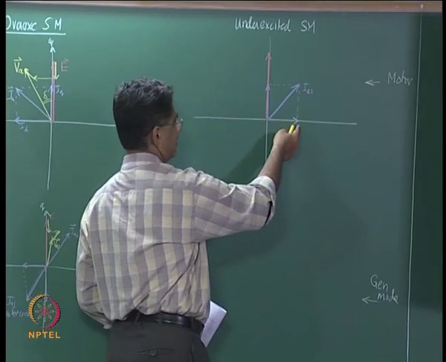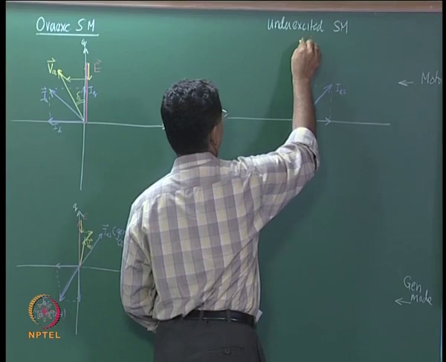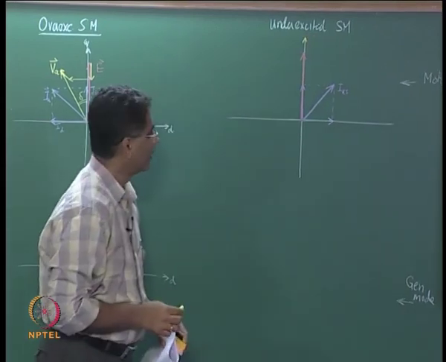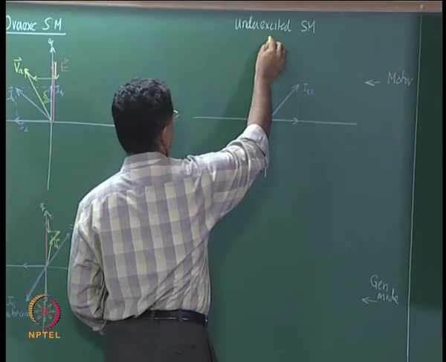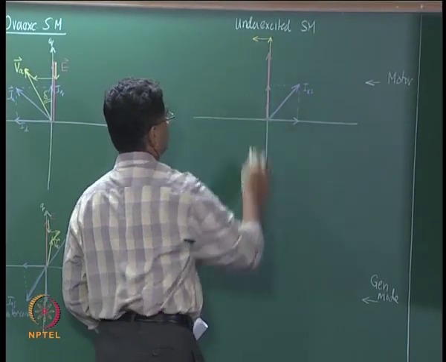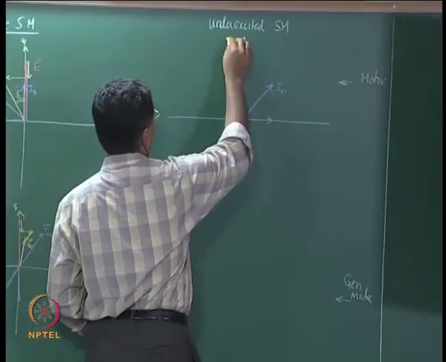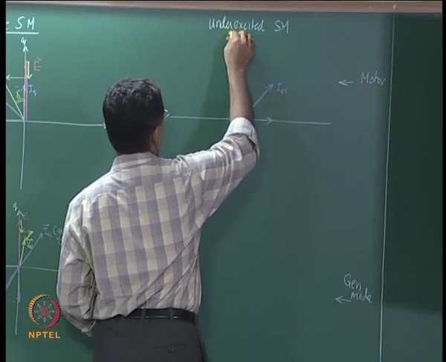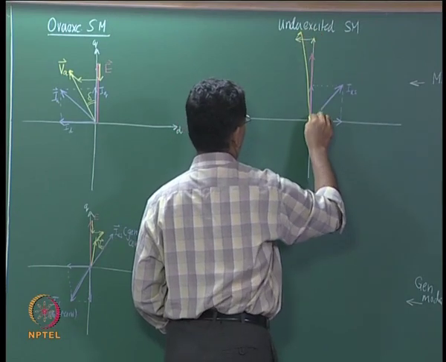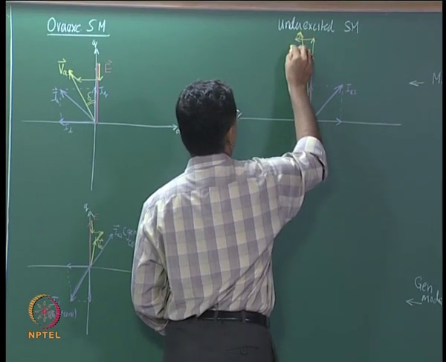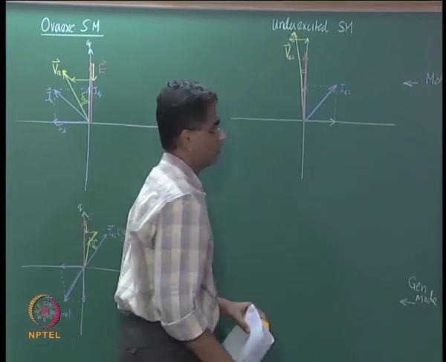IDS is here, J times IDS would be 90 degrees, and J times IDS therefore comes here, and then you have J times IQS, so that comes here, and then you have RS into IAS there, and this resultant is then your stator voltage VAS, and this angle now becomes your load angle.